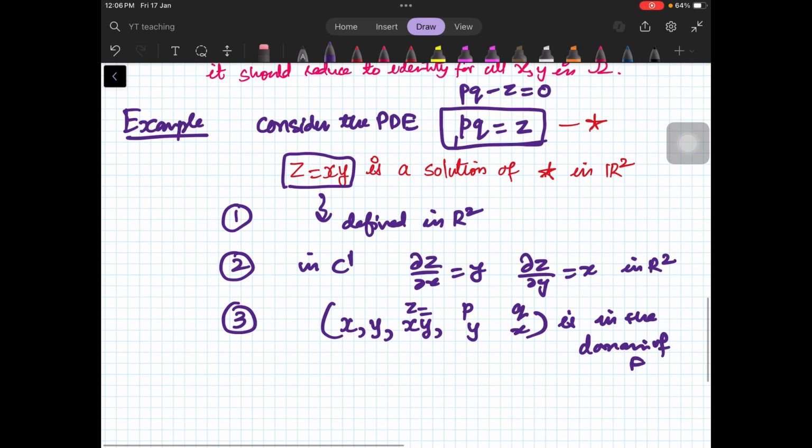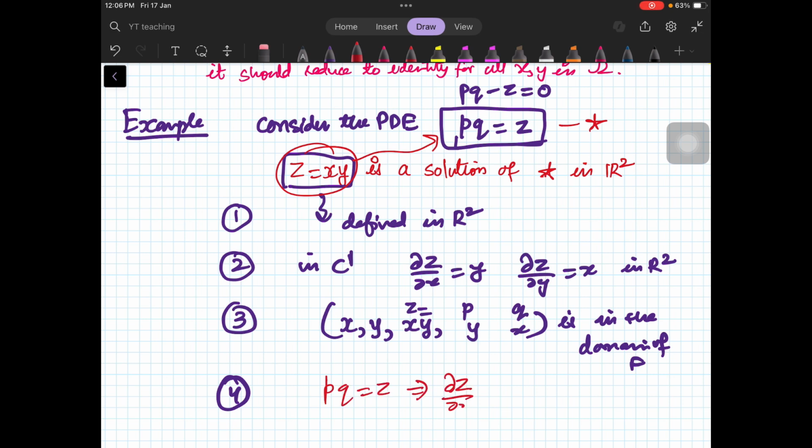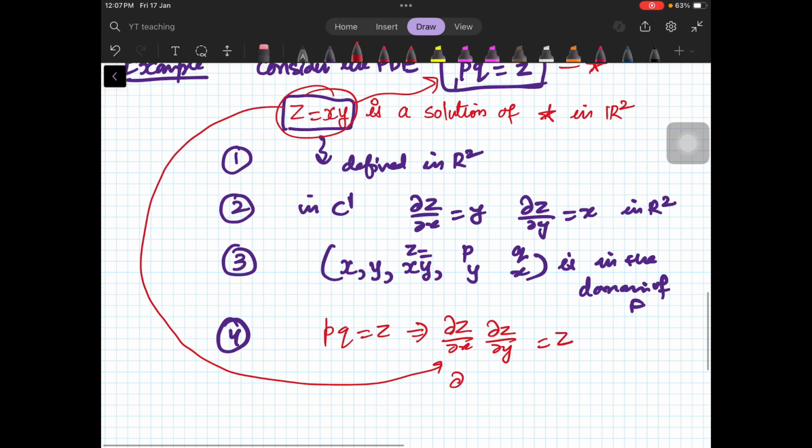And then also I can see the most important point, that when I put this z here, this is actually pq equal to z. That means curly z by curly x into curly z by curly y is equal to z. Now I substitute this z here. So what will I get? I'll get curly by curly x of xy, curly by curly y of xy equal to z.